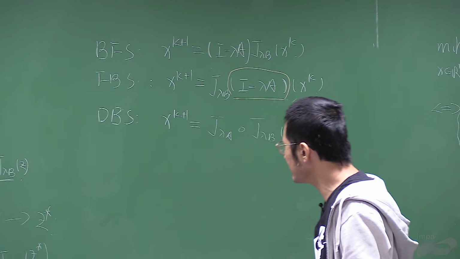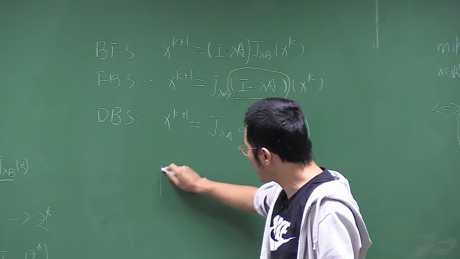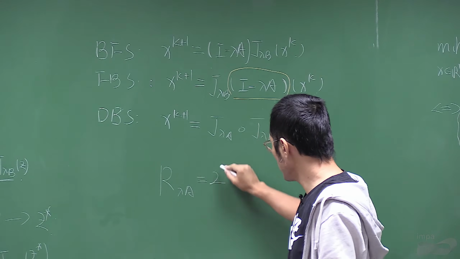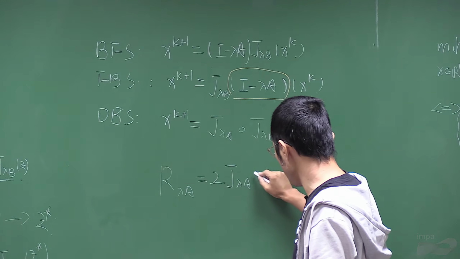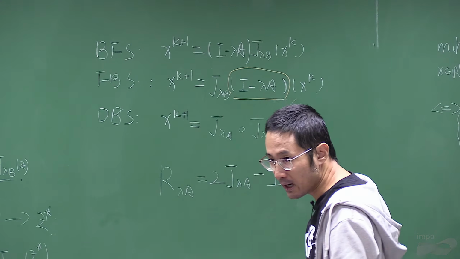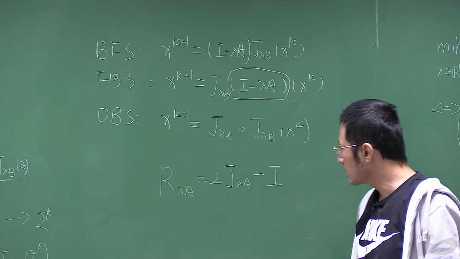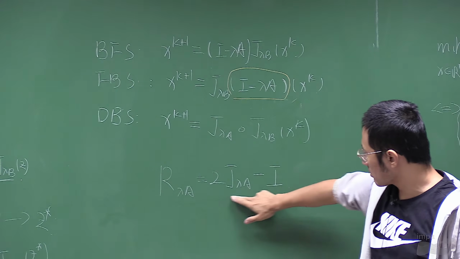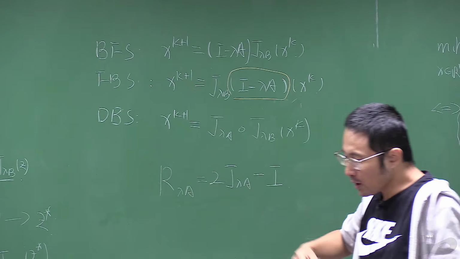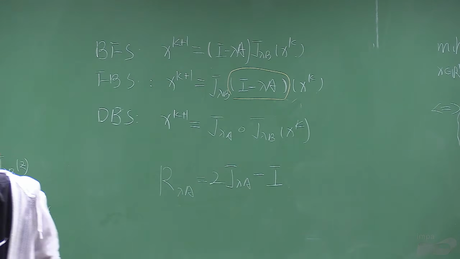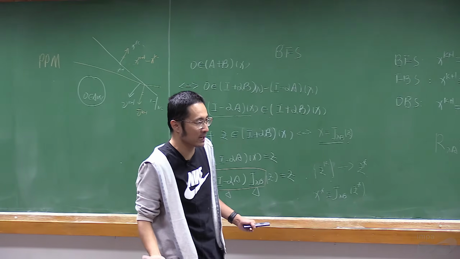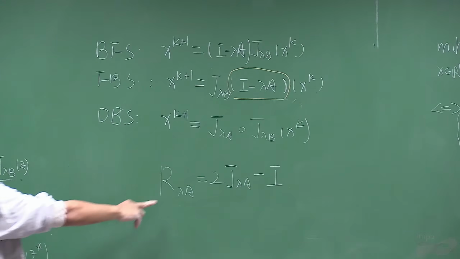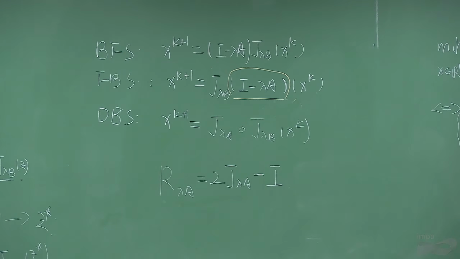We call it the Cayley operator or reflection operator, which we write R_{λA}, which is 2 times the resolvent of A minus the identity. All of these splittings don't use the reflection, only the resolvent itself. But what will the algorithm look like, and will it converge, and if it converges, will it converge to the solution if we use the reflection instead of the resolvent?